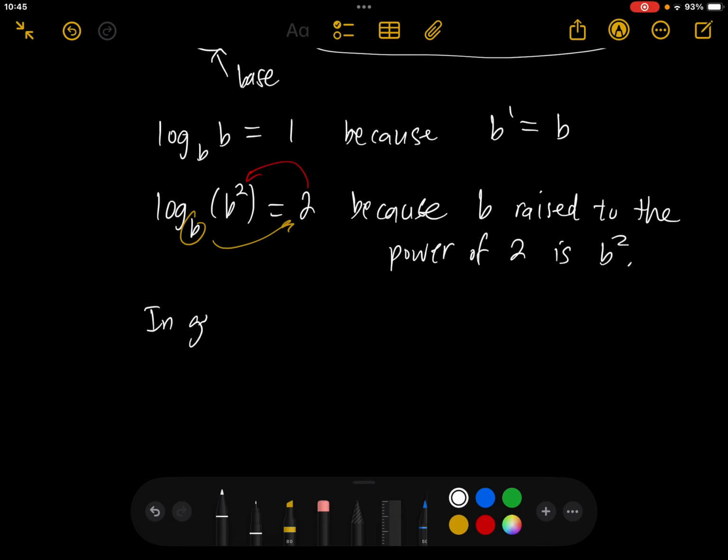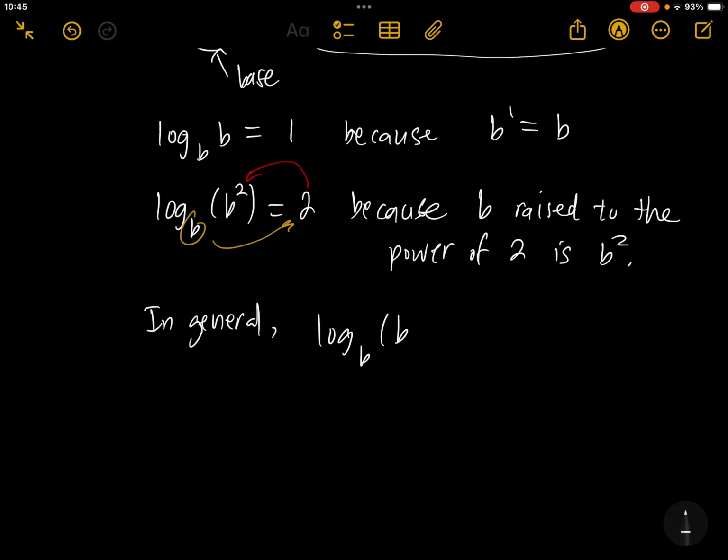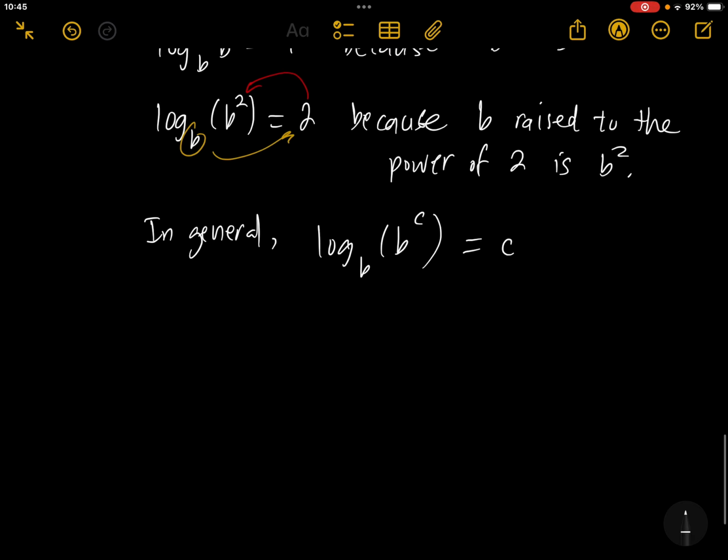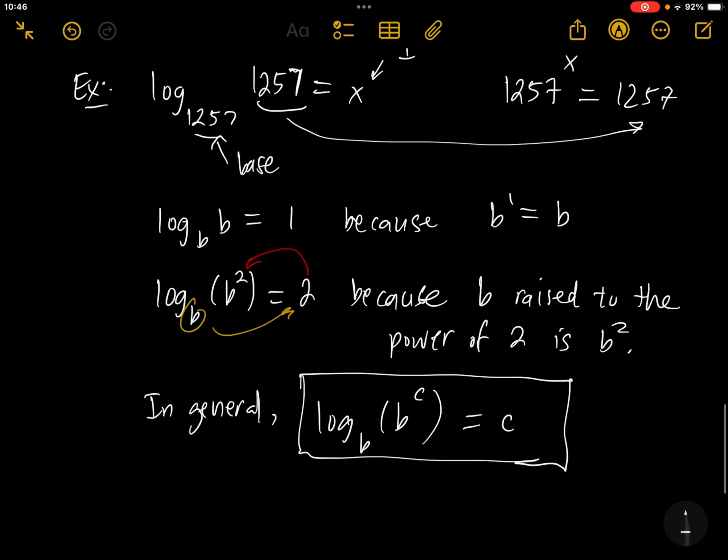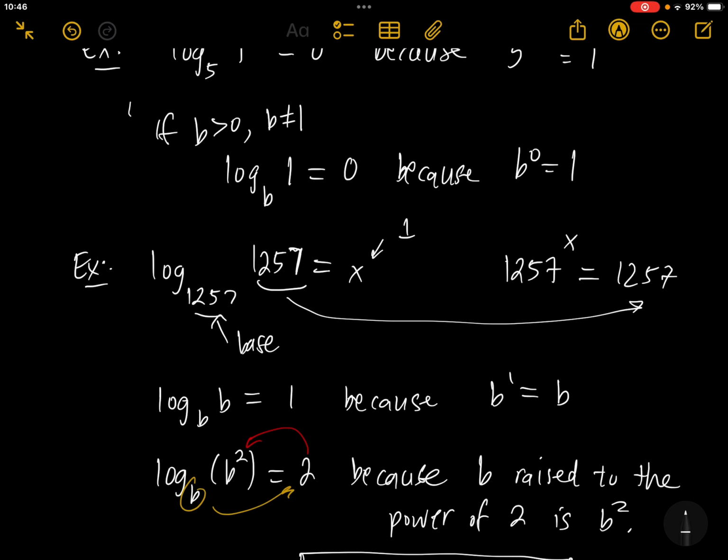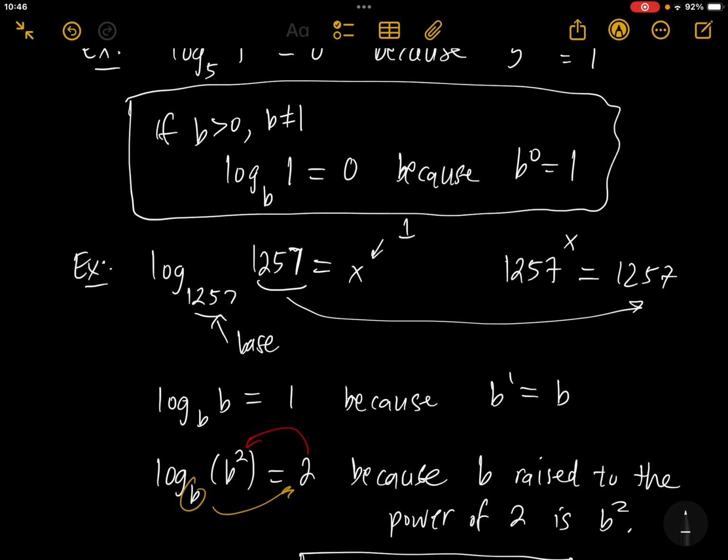In general, log base b of b to the c is equal to c. Because b raised to c power is b to the c power. Okay. So this is really just a fact that drops out of the definition of log base b. So let's put that in the box and let's put this in the box. Okay.